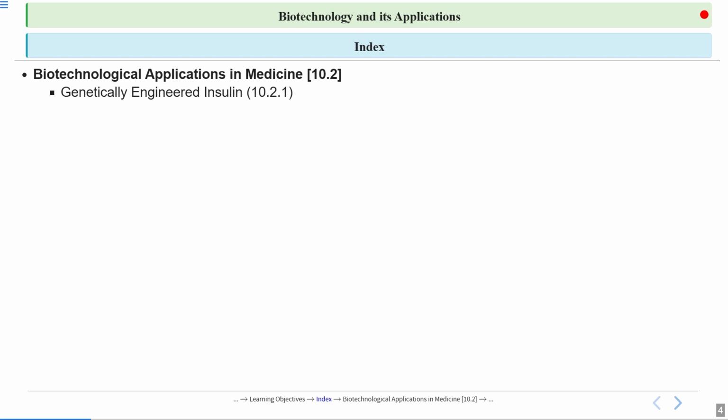This is going to be the index of today's class. First, we will cover biotechnological applications in medicine, which is section 10.2 of NCERT. In this, we will cover one of its subsections, that is genetically engineered insulin, which is section 10.2.1.